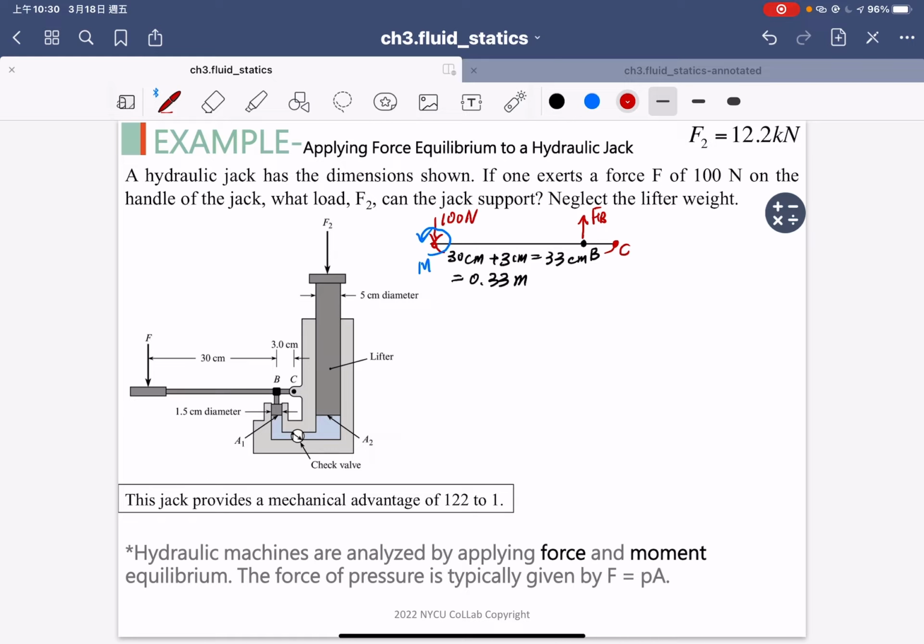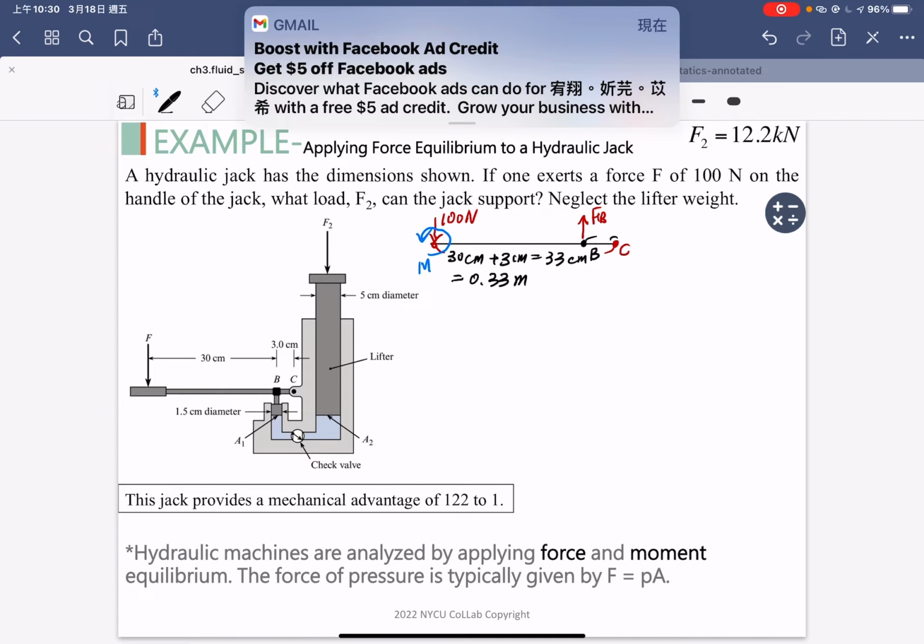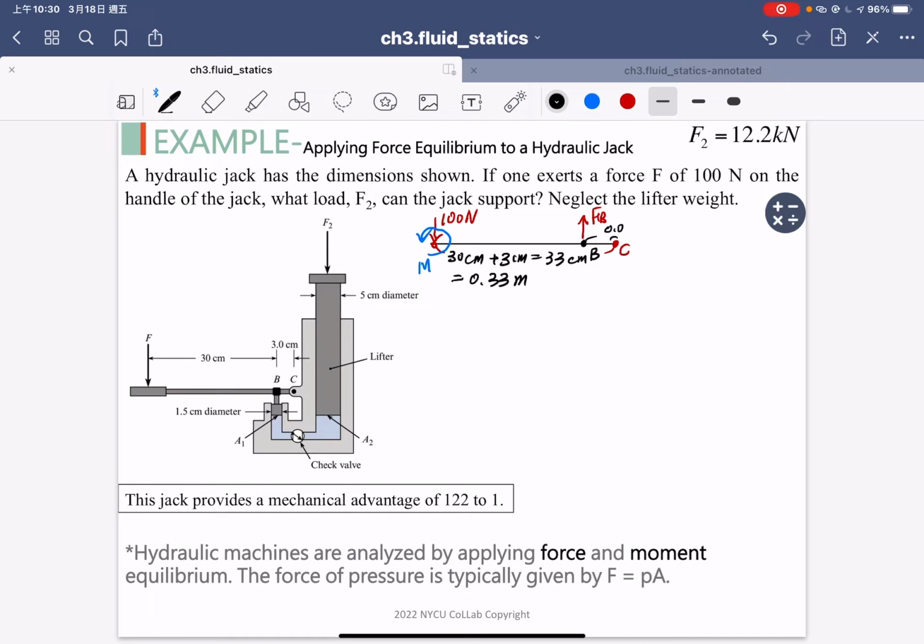The length between FB and C, we know, is 3 centimeters, so here we have 0.03 meters length between the FB force and C. And we can check by our right hand, and we see it's a clockwise moment, so it's a negative moment in here.